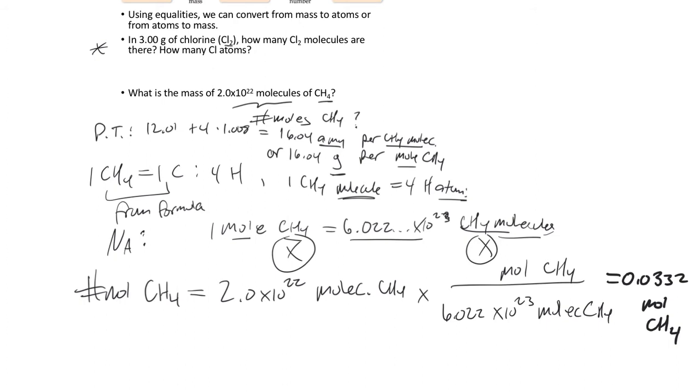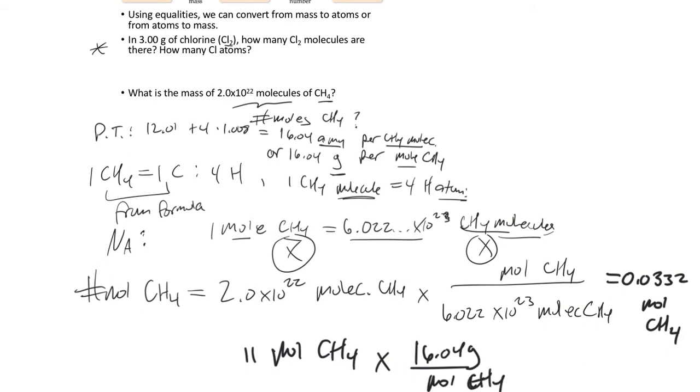And then from this number of moles of CH4, if we want the mass of the sample, we just use the molar mass. So we just be using that we have 16.04 grams per mole of CH4.